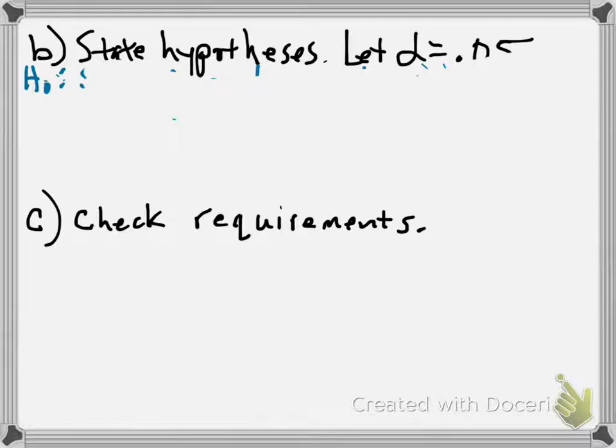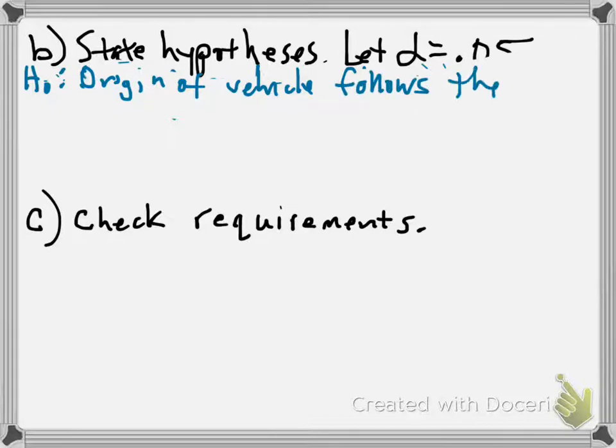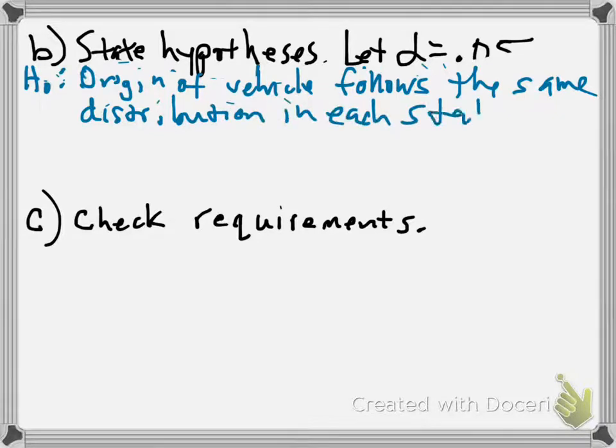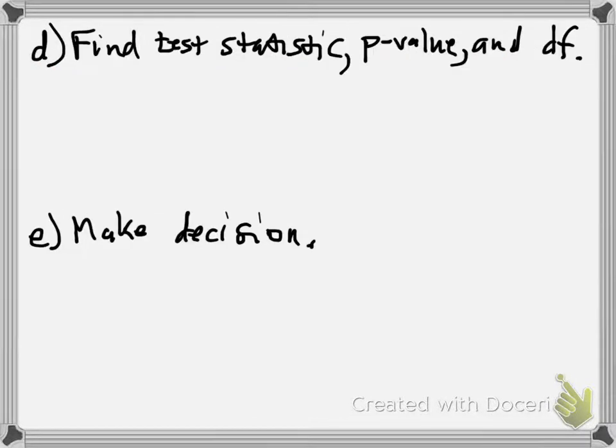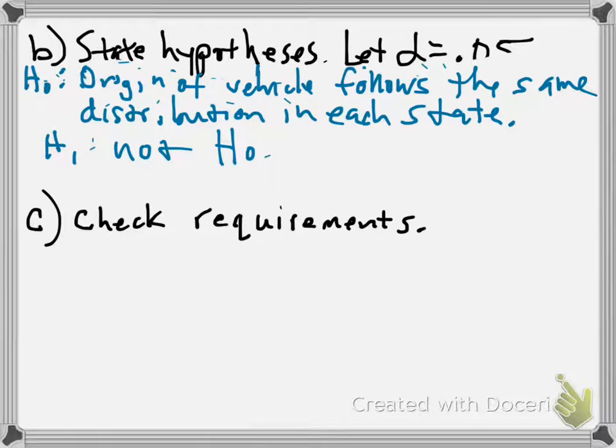It was the origin of vehicle follows the same distribution in each state, at least each state in the sample, versus the alternative. Alright, so the requirements, everything else we're going to need to run these numbers in the calculator. So let's do that.